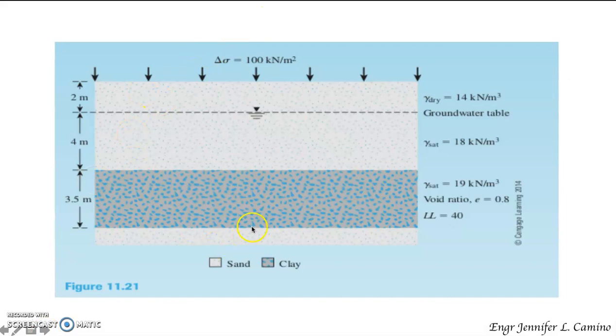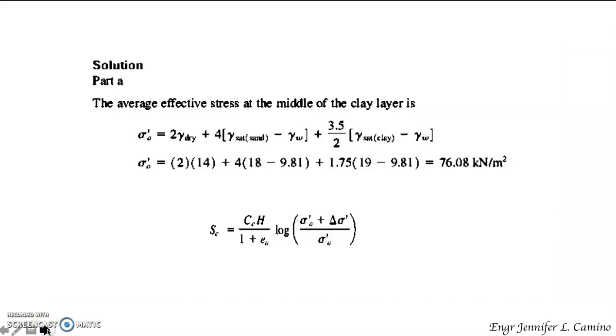So this is the given figure. You have 2 meters above the water table, then 4 meters below the water table, and 3.5 meters below that, and this is a clay type soil. This one is a sand type soil. For our first solution, we're going to determine the average effective stress at the middle of the clay layer.